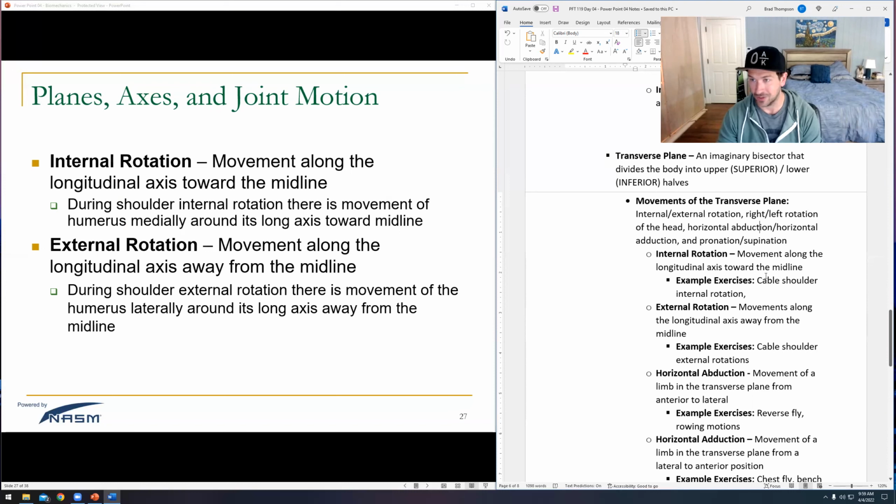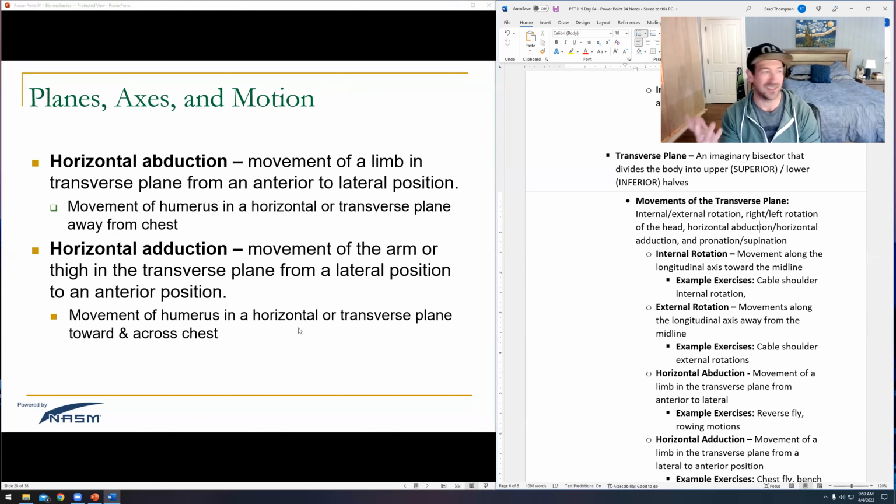It's a cable internal rotation where you grab the cable machine and you go inward. And then there's cable external rotation going outwards. I feel bad that those example exercises are named after their movements perfectly, but they are kind of a good example. Just like a lateral raise, of course that's lateral.